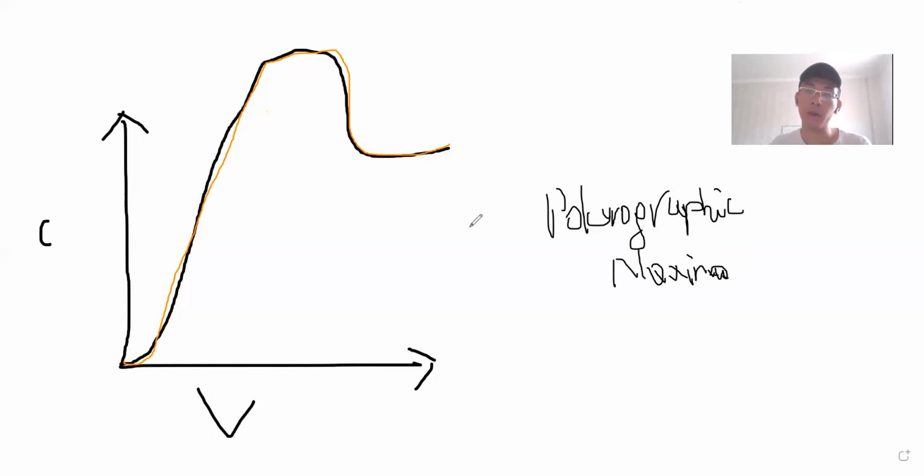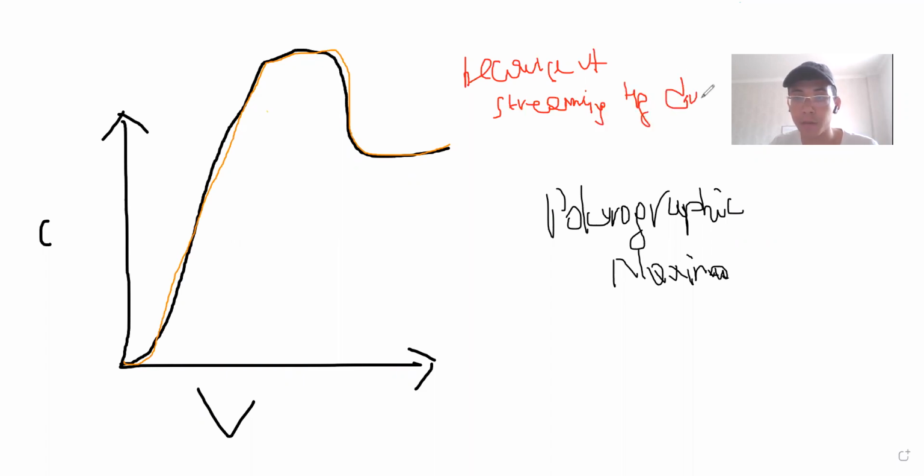You might wonder why we can get this kind of result. What's wrong? What's the reason for this? In this case, the reason is streaming Hg drops.